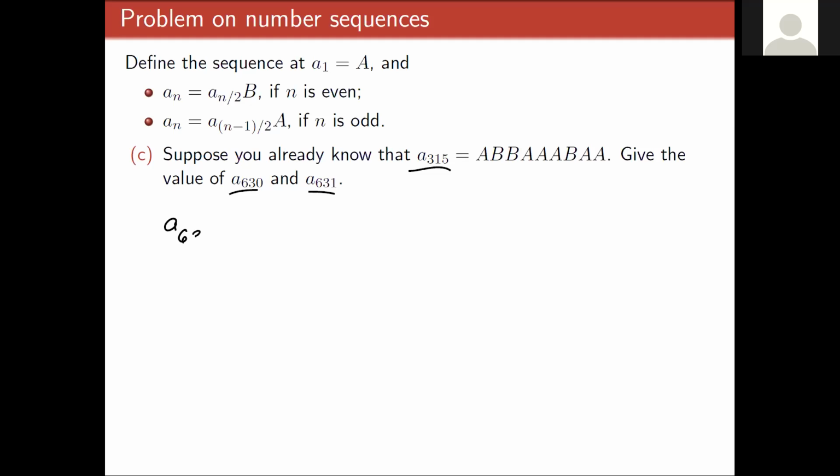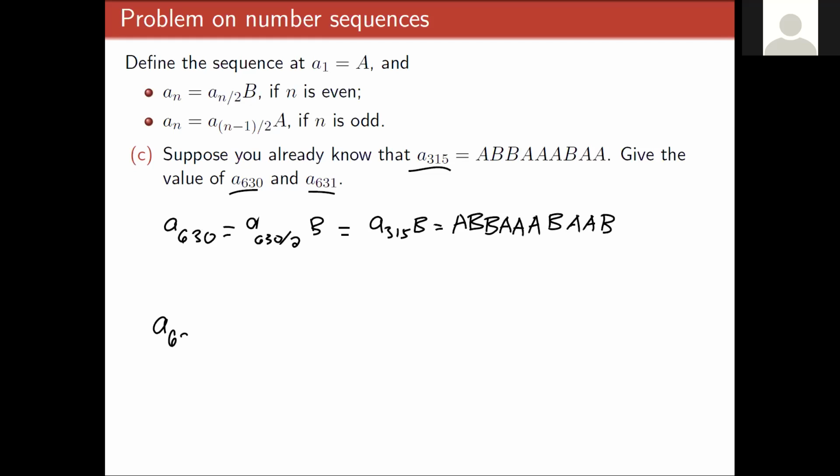So for A630, 630 is even, so use the first formula. So we'll have A630 divided by 2, B, and that'll be A315. And since we are given what A315 is, we just take A315, and then we add a B to the end.